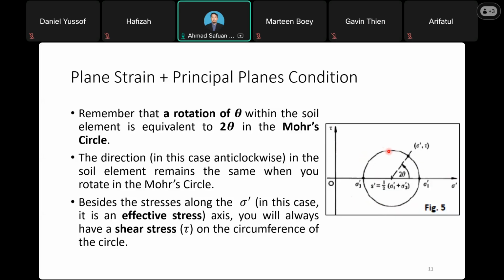Actually we learned it during secondary school and also during the engineering mathematics subject.